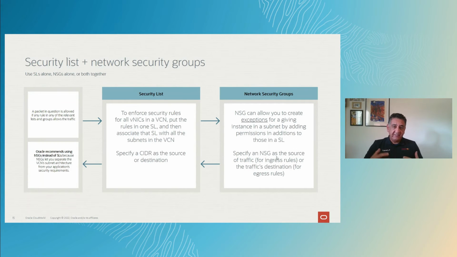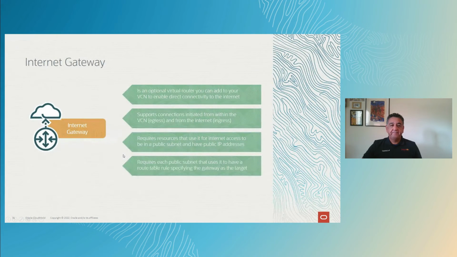So you can nest and configure your network security groups in a way that the source of one network security group is another network security group. The security list does not allow you to do that. The source is always a CIDR block. And Oracle recommends using network security groups over security lists.